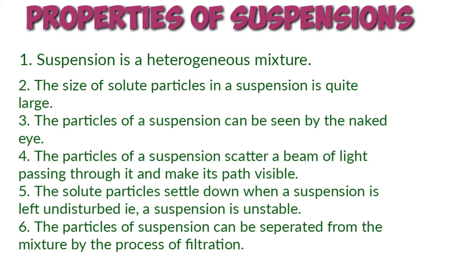Next one, the solute particles settle down when a suspension is left undisturbed. That is, a suspension is unstable. They can be separated from the mixture by the process of filtration. When the particles settle down, the suspension breaks and it does not scatter light anymore.